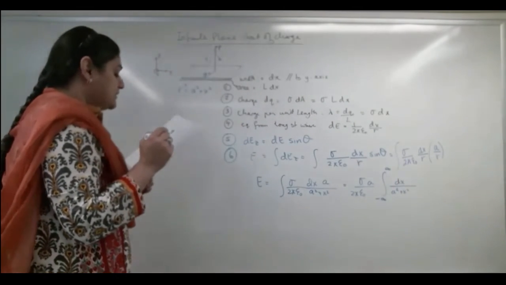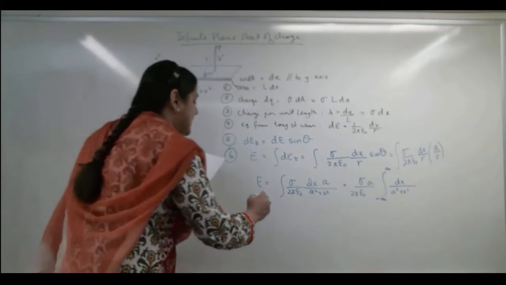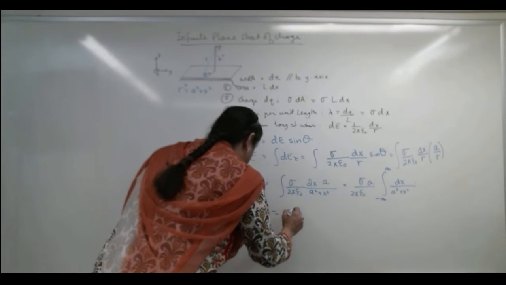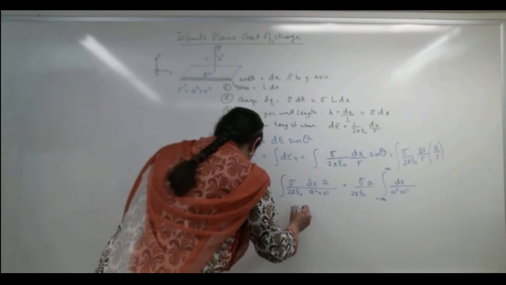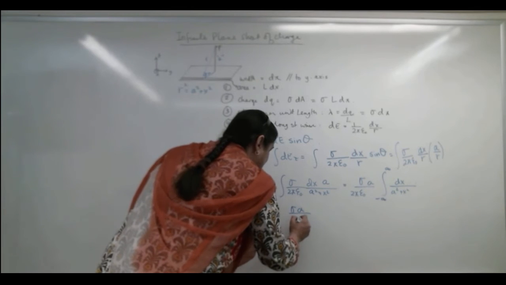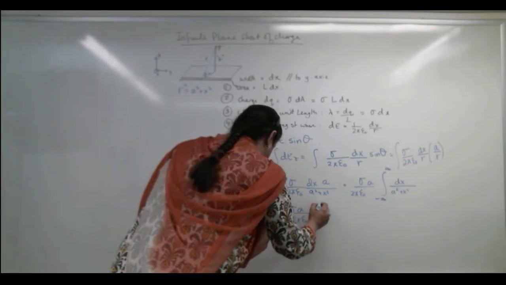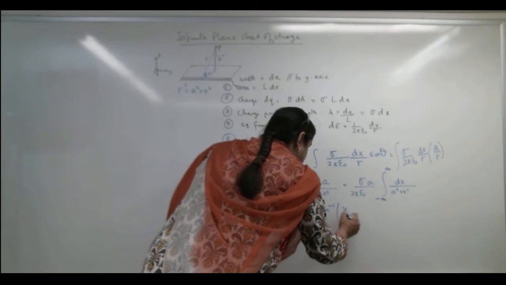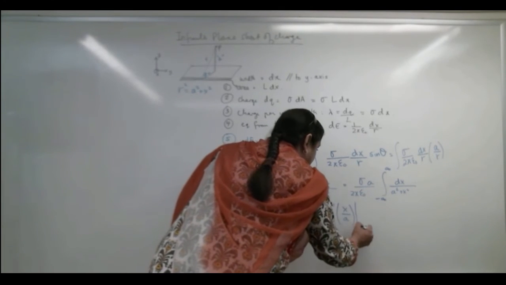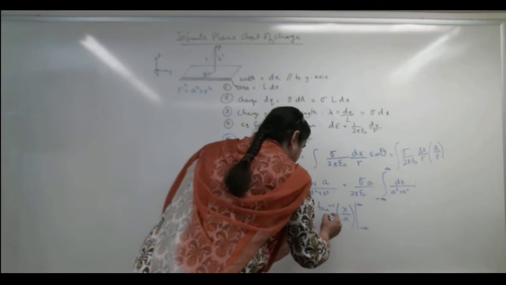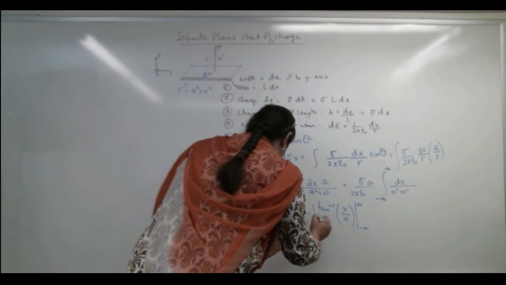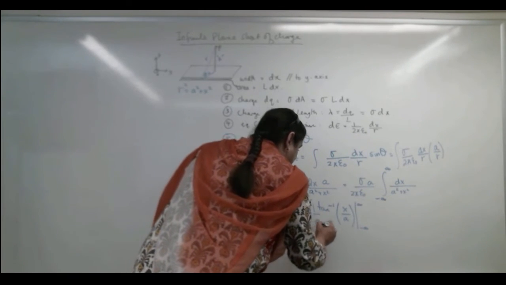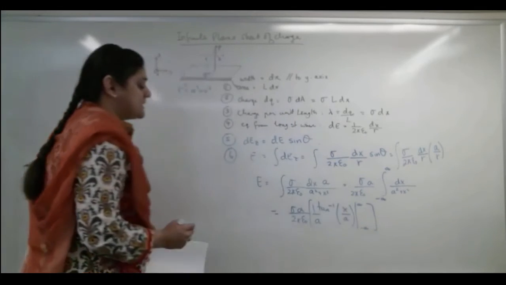Okay? And you can look it up that this integration, once you solve it, becomes equal to sigma a divided by 2 pi epsilon naught, tangent inverse of x over a from minus infinity to infinity, divided by a. So that is what the integration looks like.